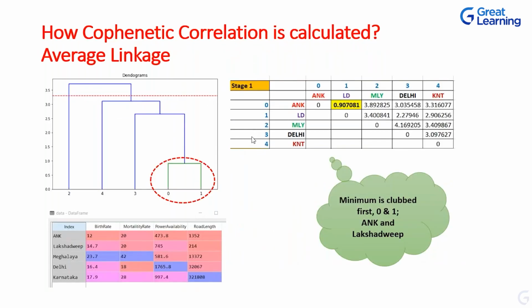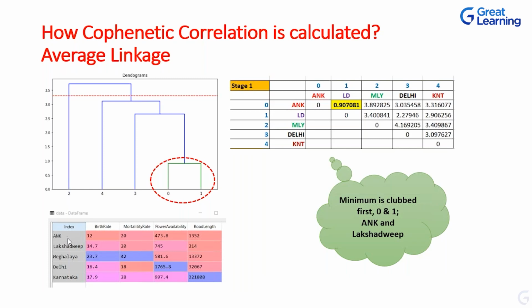It's a good idea to see how cophenetic correlation is calculated. That will clarify all your inquisitiveness vis-a-vis Silhouette score. What I had done, I had taken 1, 2, 3, 4, 5 states as a sample so that I can show you the calculation.